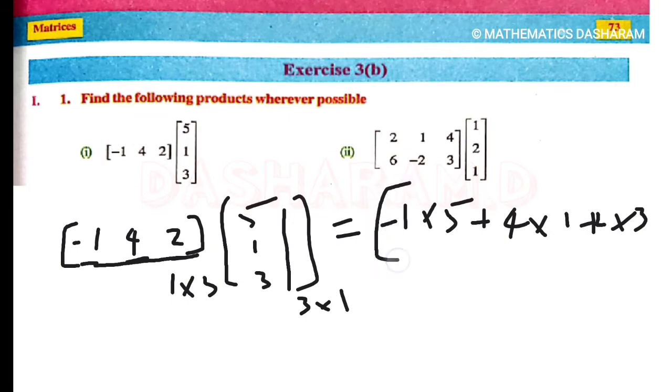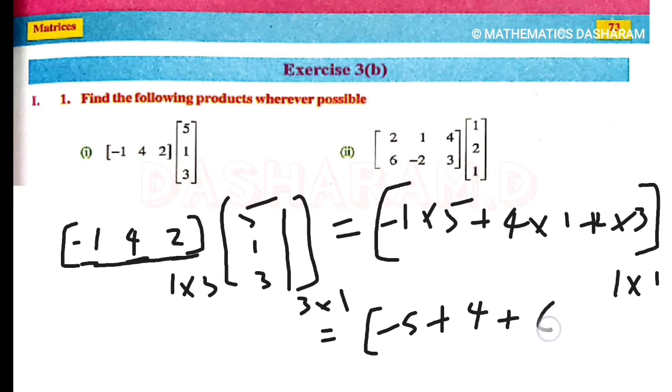The order of the answer matrix here is 1 by 1, so 1 row 1 column. Minus 1 into 5 is minus 5, 4 into 1 is 4, and 2 threes are 6. So minus 5 plus 4 is minus 1, minus 1 plus 6 is 5. So the answer is 5 and its order is 1 by 1.